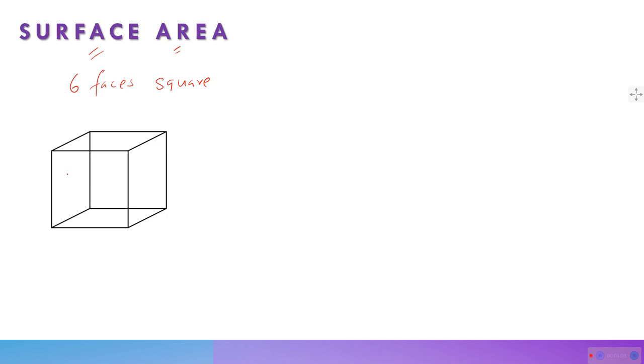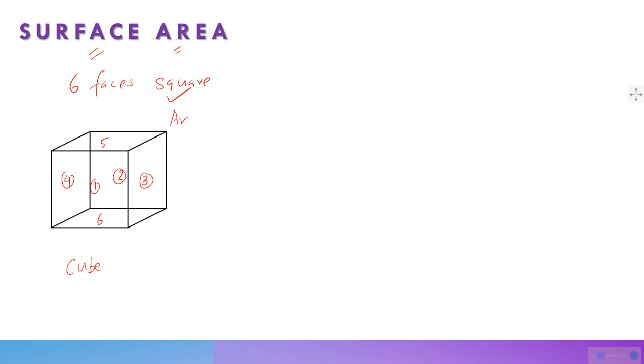This figure, which we name as cube, I would say is a 3-dimensional presentation of a square extended in such a way that it gets 6 faces. So if I number this, the one which is in front of you is 1, and the one which is behind as 2, on my right as 3, on my left as 4, the top as 5, and the bottom as 6. You can identify 6 faces. And each face is a square, as I told.